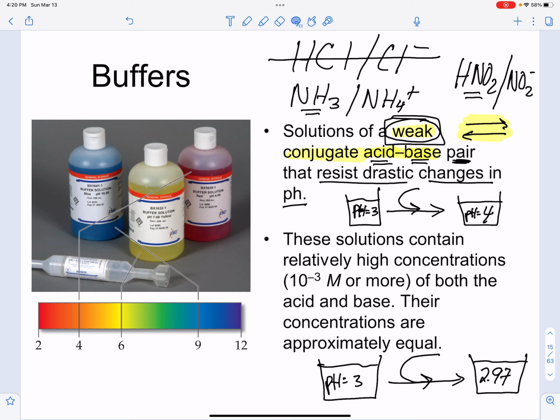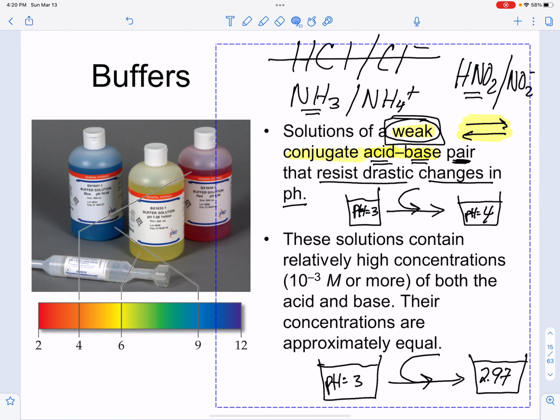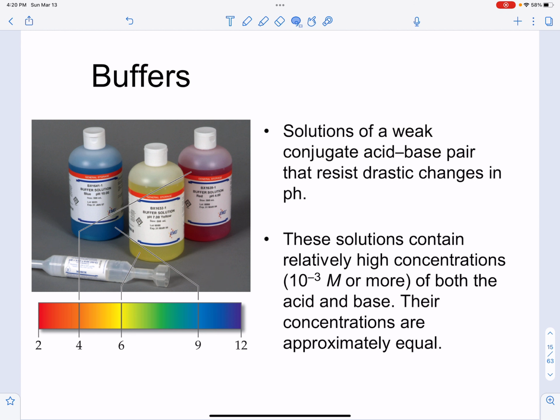What about this second paragraph there? Well, let me clear the screen a little bit. So these solutions contain relatively high concentrations of both the acid and the base, because the reason they're a buffer is because they're going to prevent a change by neutralizing something. So you've got to have a pretty big quantity so you can use it without destroying the buffer.